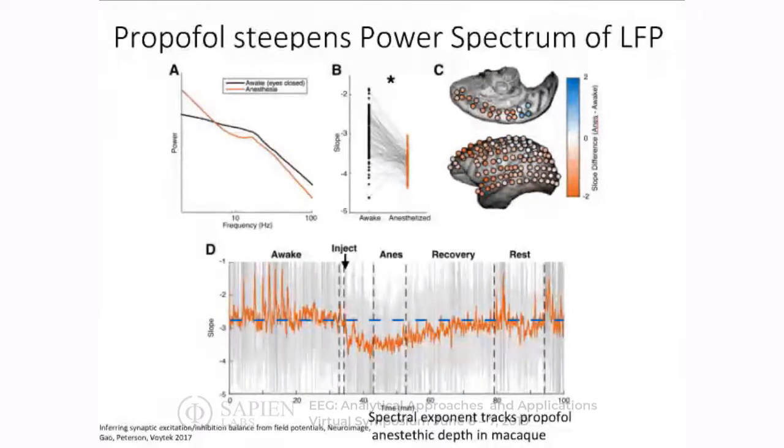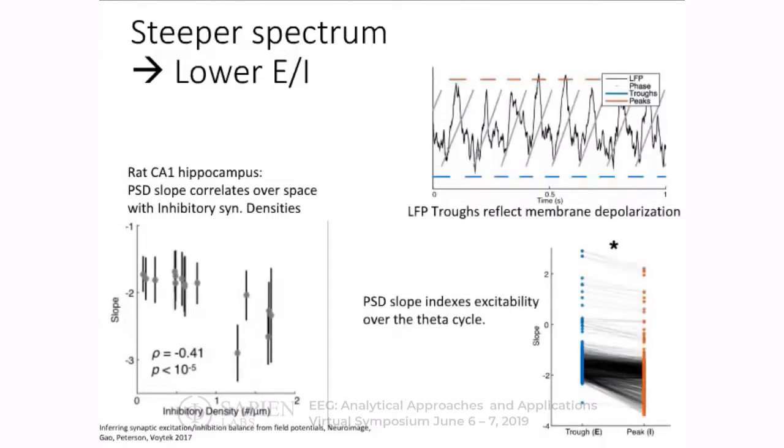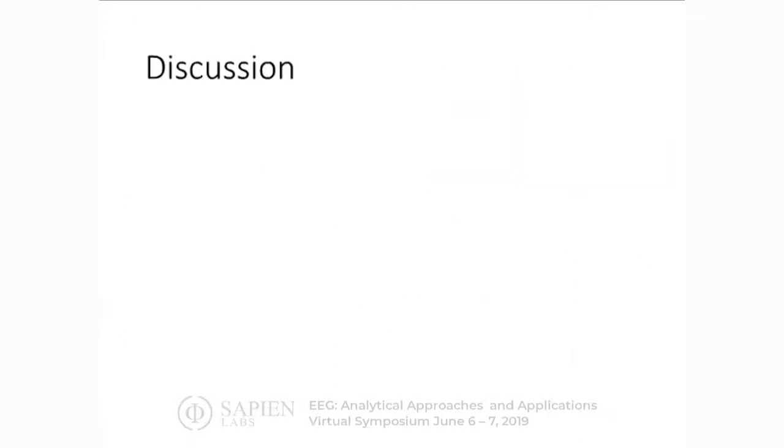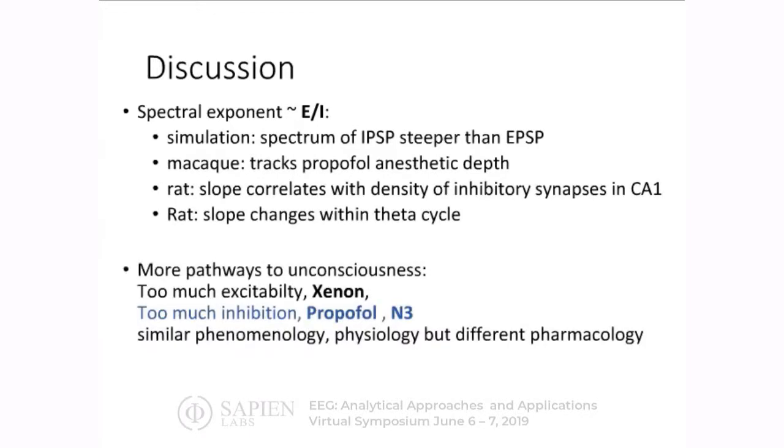Basically, they showed that the spectral exponent was able to characterize the excitation inhibition balance not only in the model, but as well in real data. It would track the anesthetic depth in macaques, and they were able to show also that, spatially, a larger proportion of inhibitory synapses would correlate with the PSD slope, and the PSD slope was actually indexing excitability over the theta cycle.